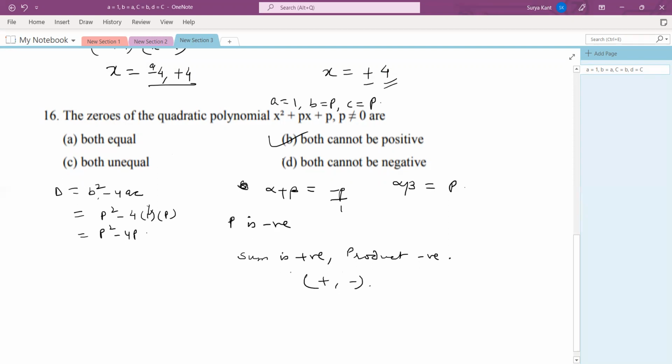If sum is positive, then next, if p is positive, then what should you write? Both zeros cannot be positive, both zeros are negative. When will this p come positive?